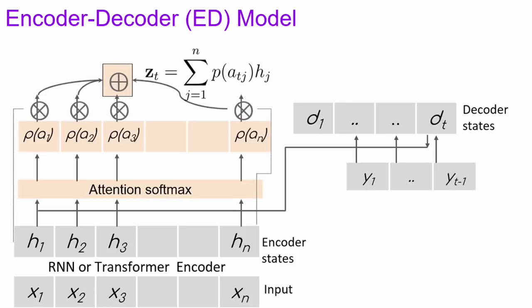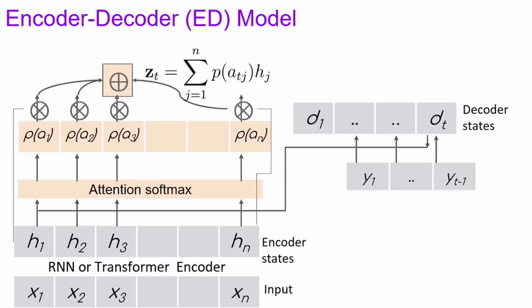And now, in order to make sure that your model is differentiable and all that, there is one sort of hacky thing which is done: you take a weighted combination of the input states with the attention distribution, and you get a result which is called Zt in my slides.